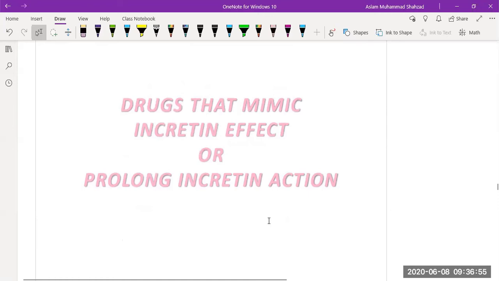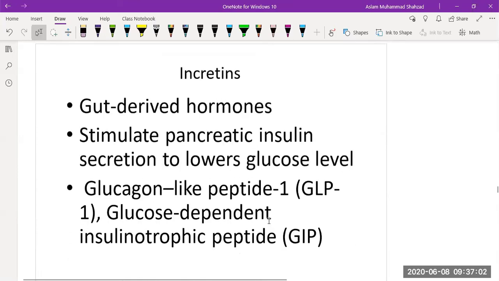Then the drugs that mimic the incretin effect or prolong the incretin action. Incretin actually is the gut-derived hormone that stimulates pancreatic insulin secretion to lower the glucose level.